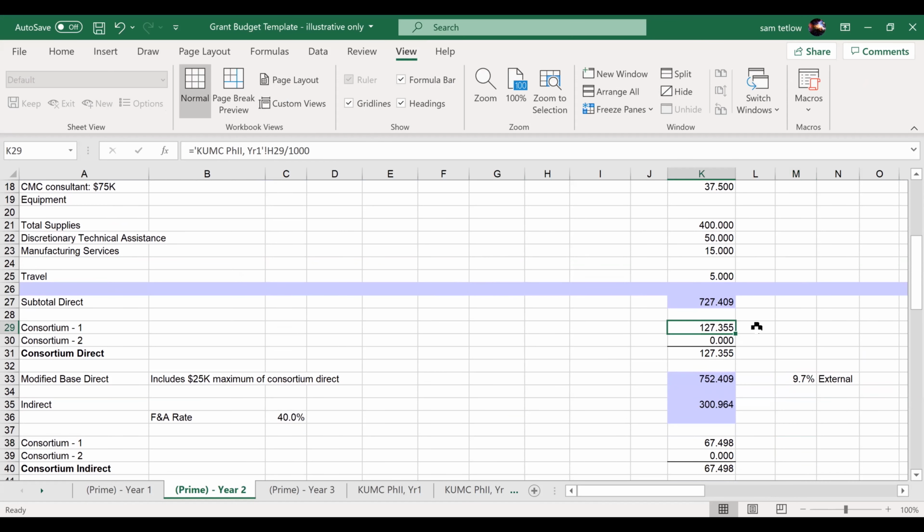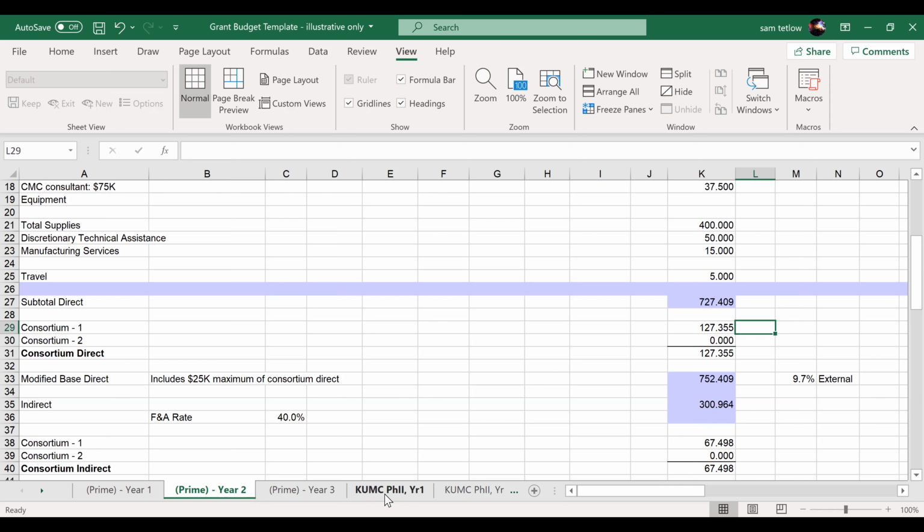And then I just want to point out how we integrate consortium budgets into your budget roll-up for your company. So you can see here we're in year 2 of the grant, which is the start of the phase 2. So it's phase 2, year 1, or year 2 of the total grant, to be really clear.